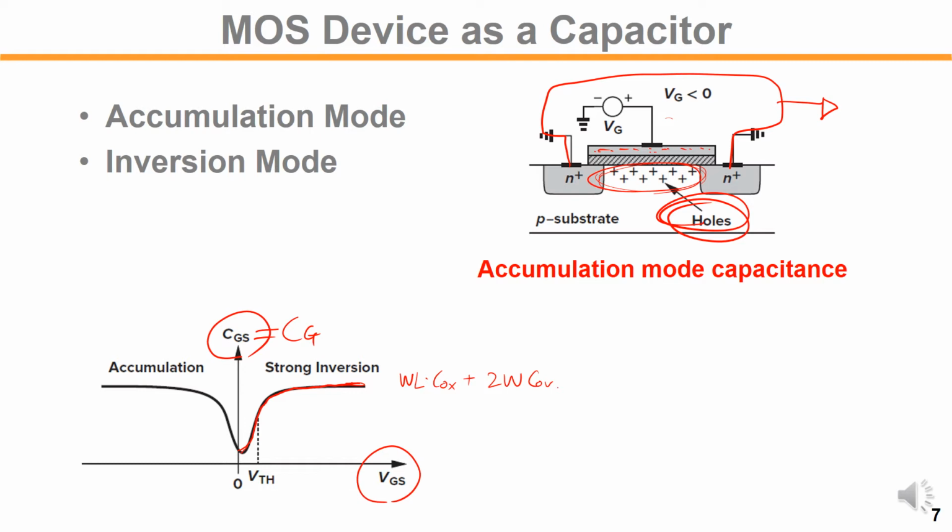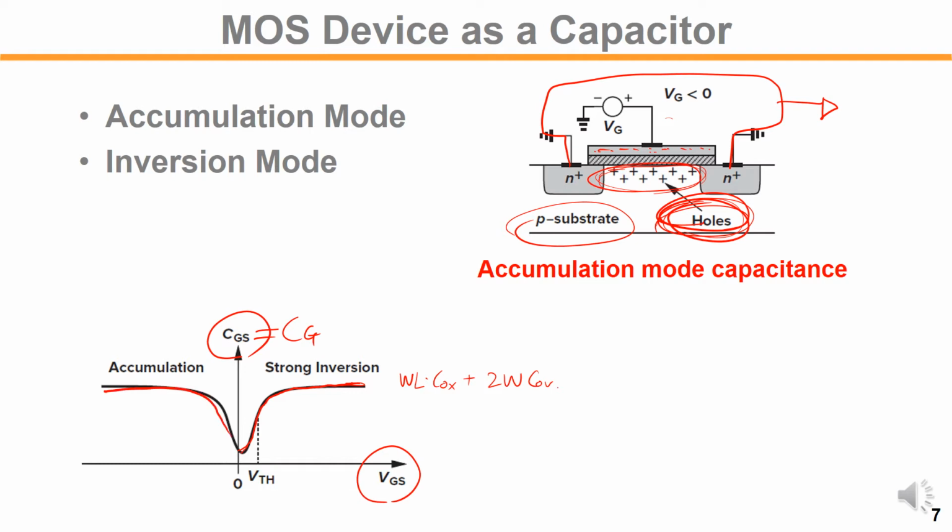So it becomes another capacitance. In this case, we are accumulating p-type on the p-type substrate. We are accumulating the same type of majority carrier, like holes. We are attracting and accumulating such majority carriers on the surface. In that case, we are also seeing larger capacitance.